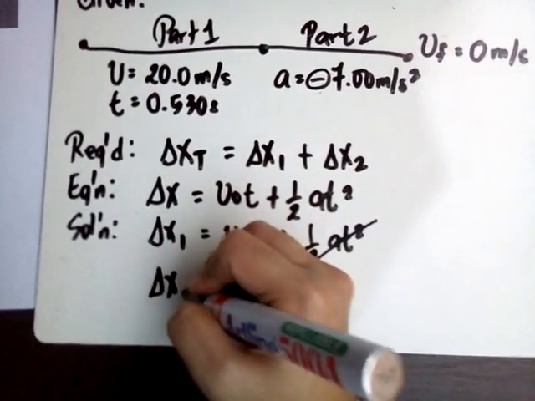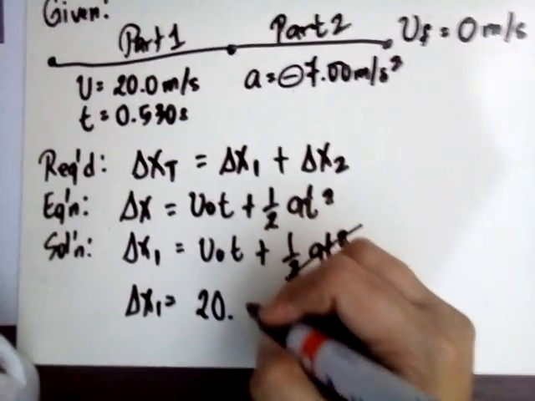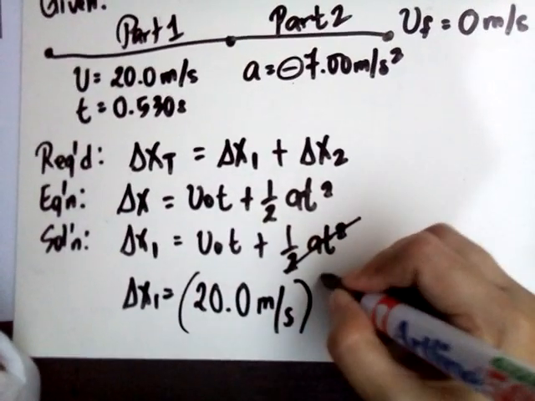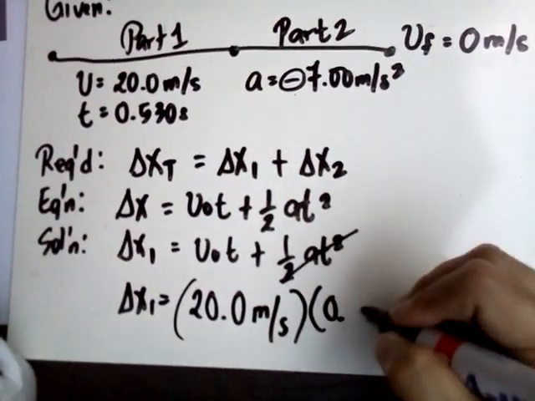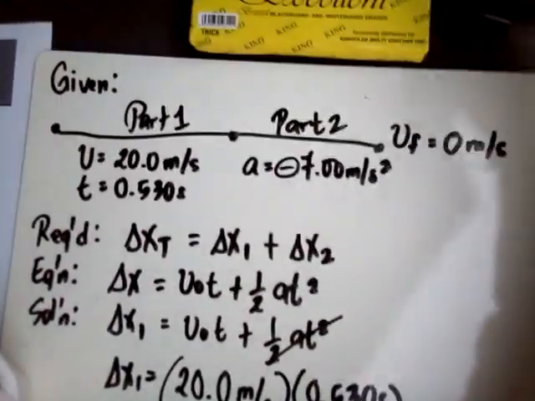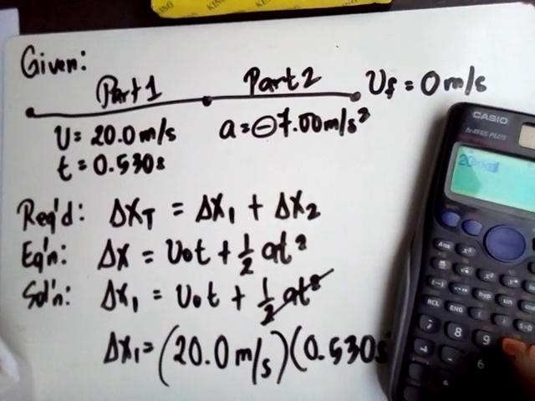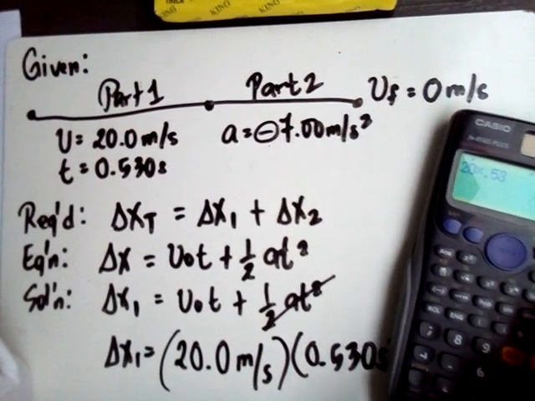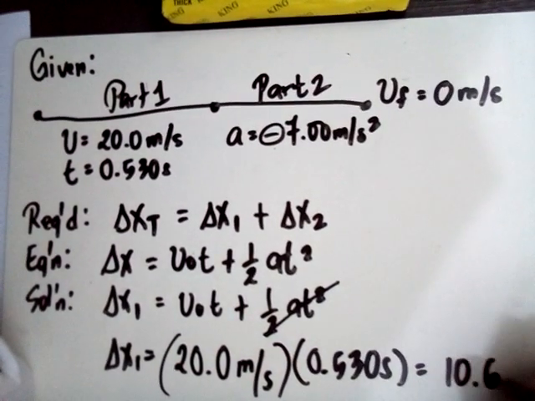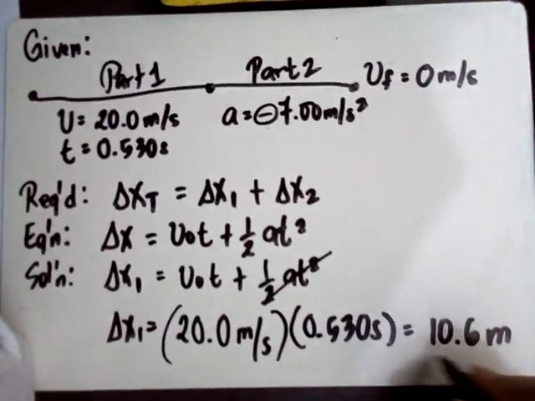So, delta x1 equals v naught t, 20.0 meters per second times time, which is 0.530 seconds. So, 20 times 0.530 is 10.6 meters. Alright? 10.6 meters. So, let's take note of that.